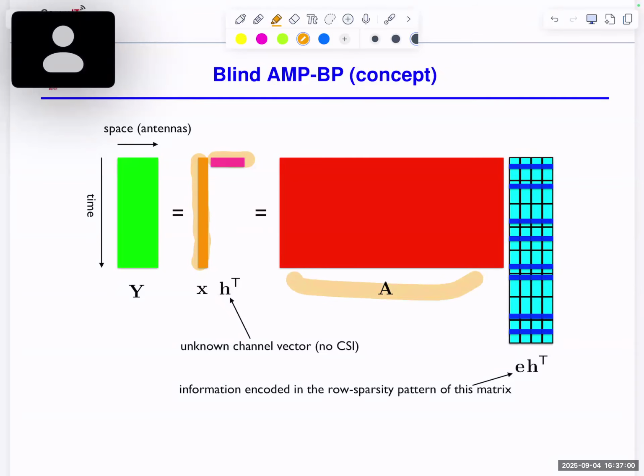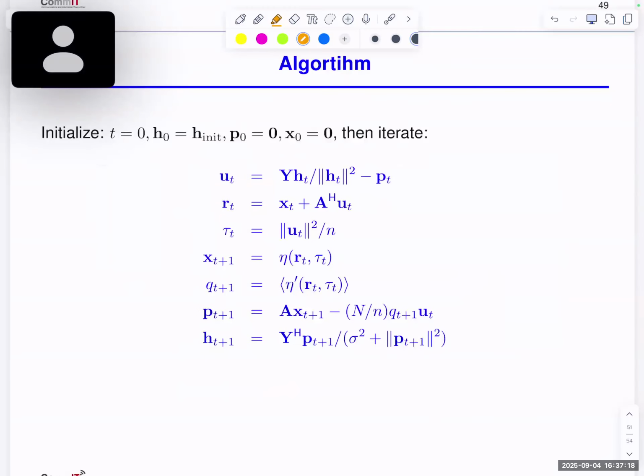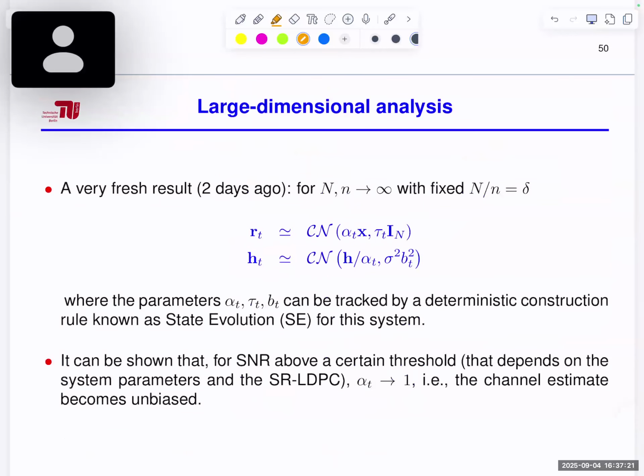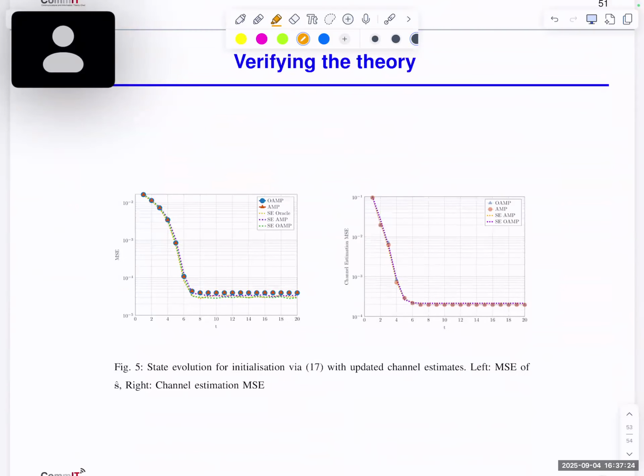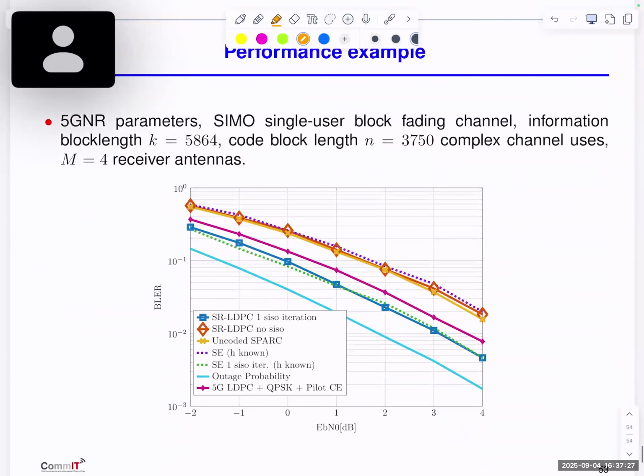You have the sparse matrix, and then this is the vector of the ones times this. So this is a rank one matrix where you have an unknown vector which is repeated in correspondence of the ones, and it turns out that we have an algorithm that can be analyzed, for which the theory works, for which basically what we see is that, so this is the block fading, the sign of block fading. This is the information access probability with perfect channel information at the receiver. This is pilot based, when you try to estimate the channel and then you decode.